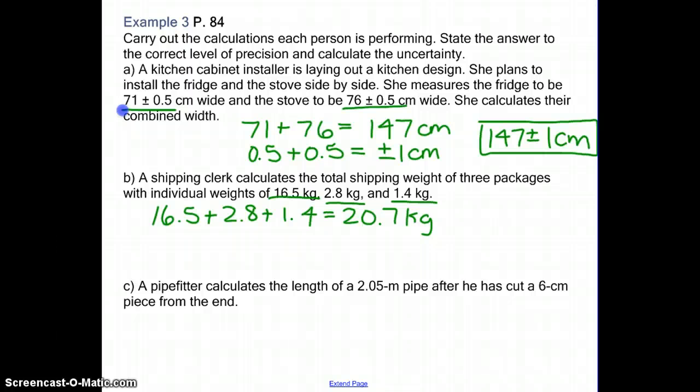So if you look at these three numbers, what would be the precision for each number? The precision. So 0.1 kilograms, because they each have one decimal place. So if the precision is 0.1, the uncertainty is half of that. So 0.05 would be the uncertainty for each one.